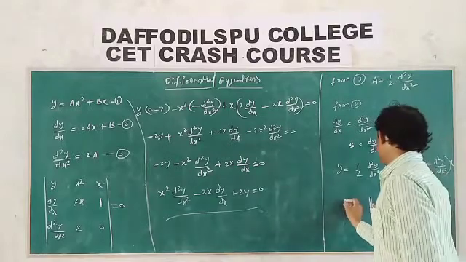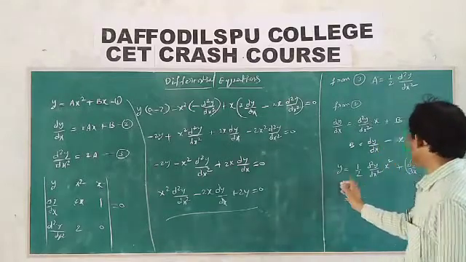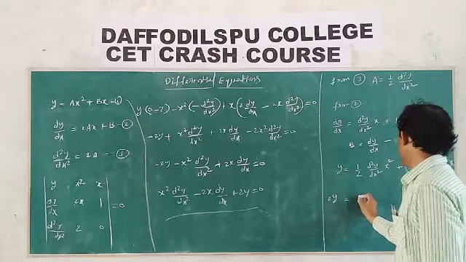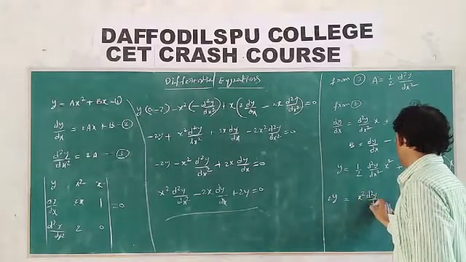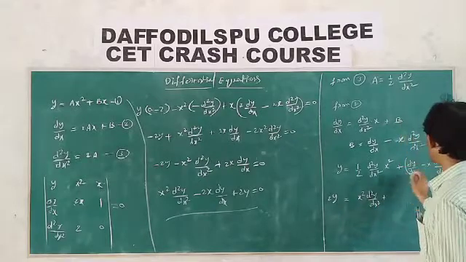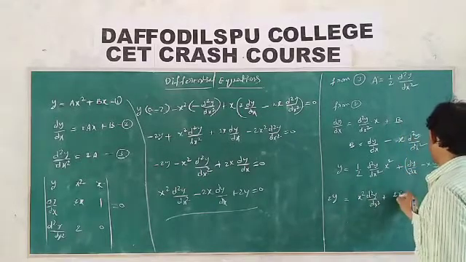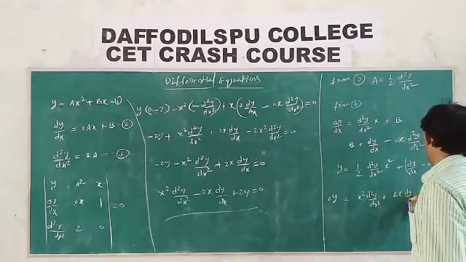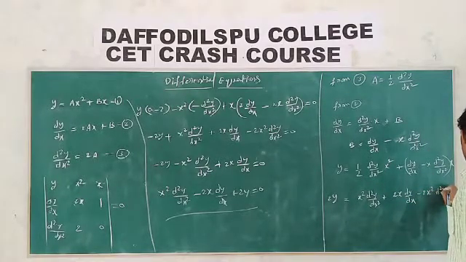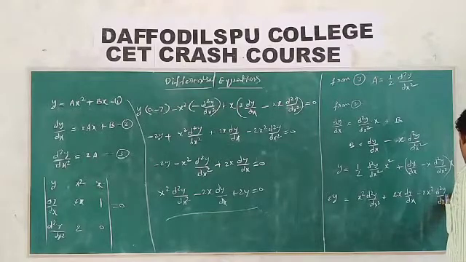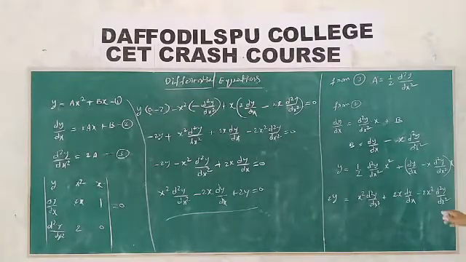So therefore, take the LCM. After the LCM, set this side: this value 2y is equal to x square d square y by dx square plus 2x dy by dx minus 2x square d square y by dx square.